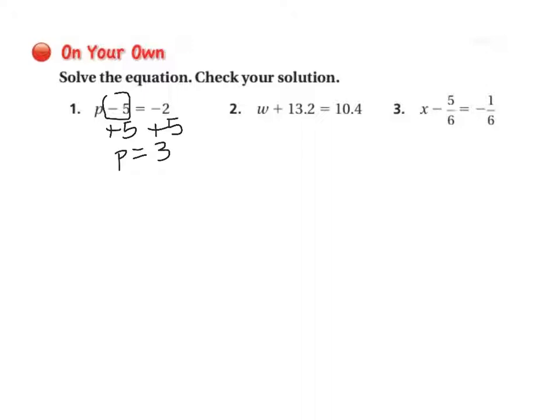So p equals 3. Number 2, w plus 13.2 equals 10.4.